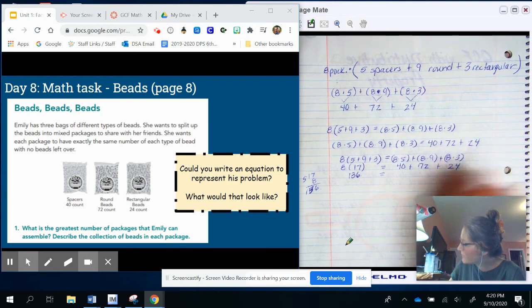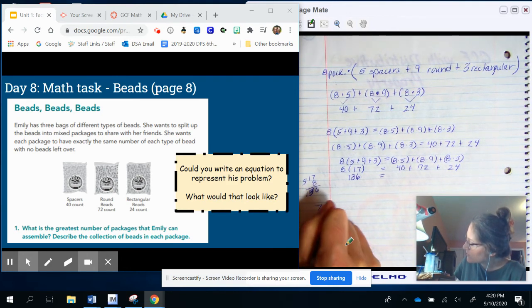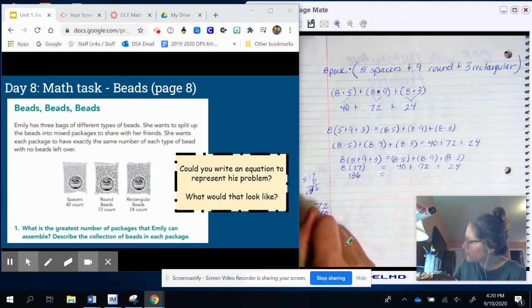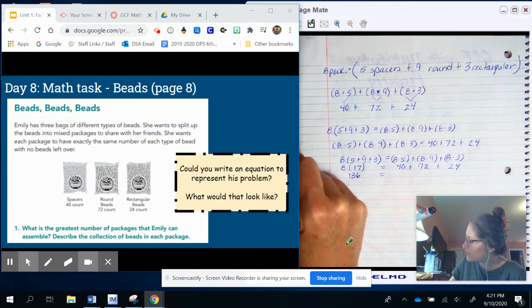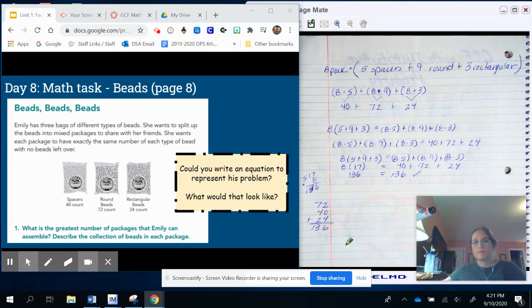See what you get. Oh, that's nice. So I just proved that this is equal to this is equal to this, and this is equal to this. That is how you use the greatest common factor in an equation.